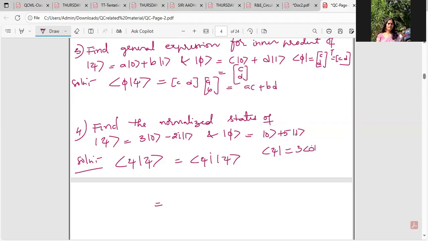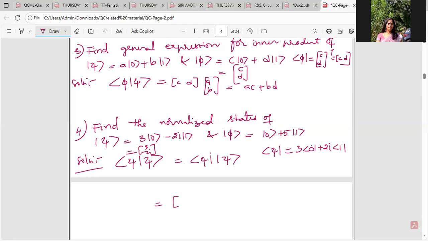Of course, -2i is there, so conjugate of it is +2i bra 1. Okay. So if I write it in vector format, what about the expression for this in vector format? 3 and -2i is the vector format.